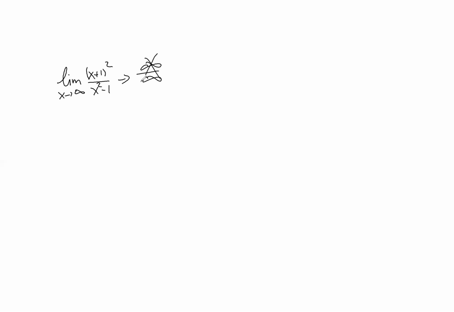So we can do this. What we can do here is simplify this expression. And before we can do that, we have to factor the top and the bottom completely.